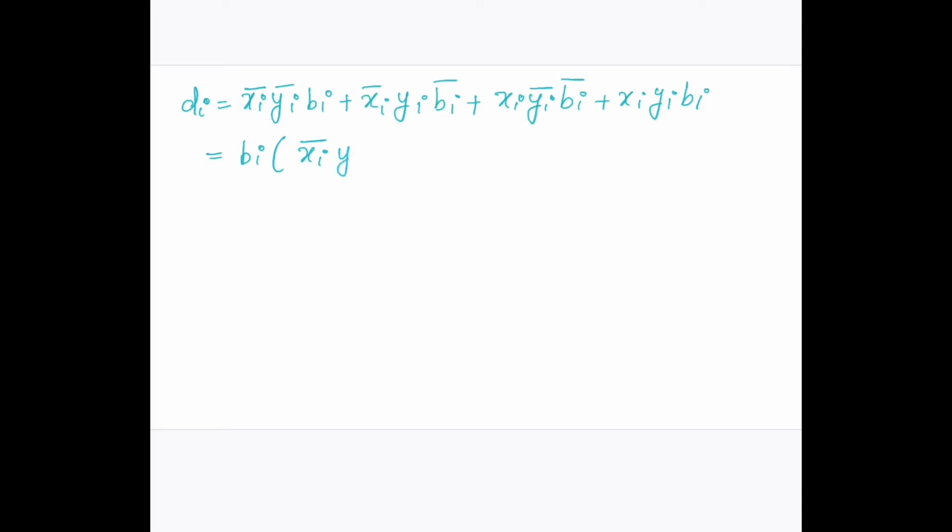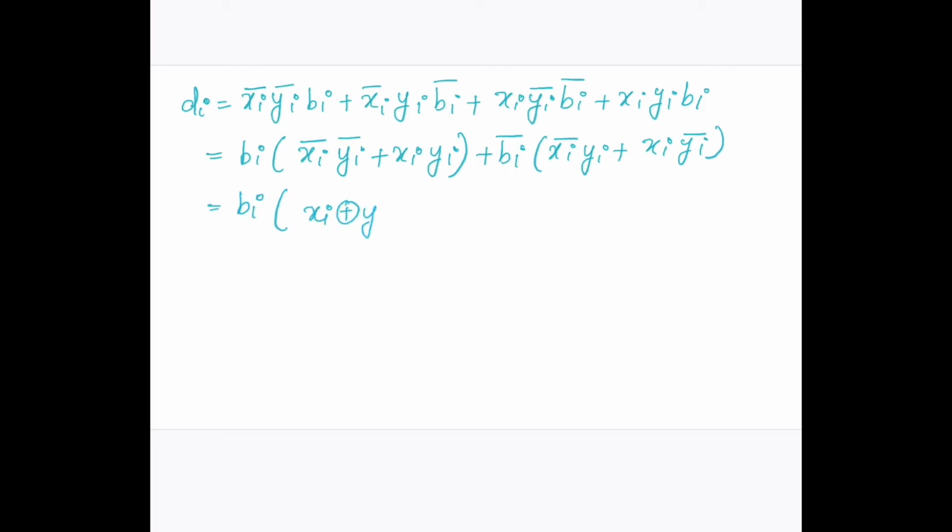This will be bi into xi bar yi bar plus xi yi, plus bi bar into xi bar yi plus xi yi bar. This can be written as bi into xi XNOR yi plus bi bar into xi XOR yi. This is similar to the XOR expression a b bar plus a bar b. So this can be written as bi XOR xi XOR yi.